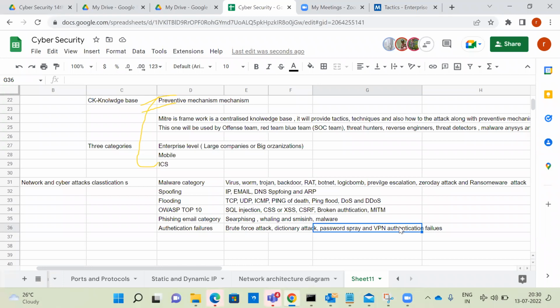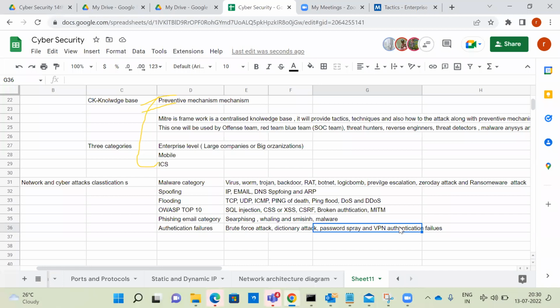Not only from an interview point of view, you should understand cyber security and SOC operations end to end. Whenever any incident or alert comes in, you should know the exact attack name, incident name or alert name, and how to do the mitigation.